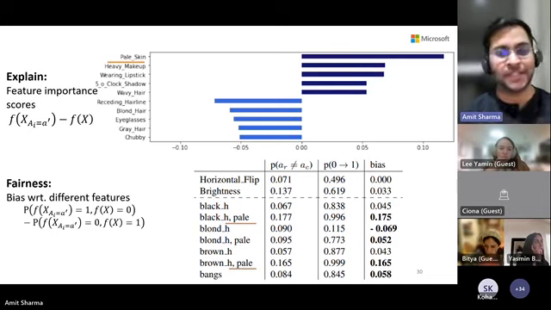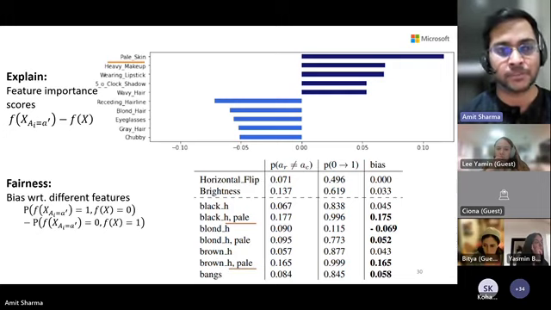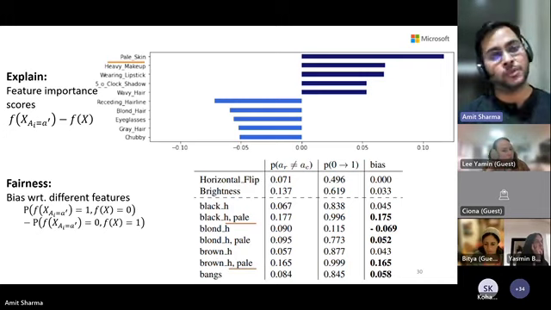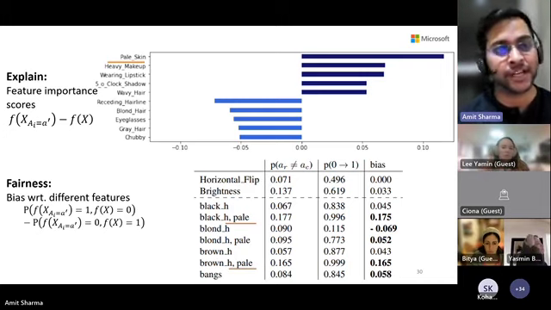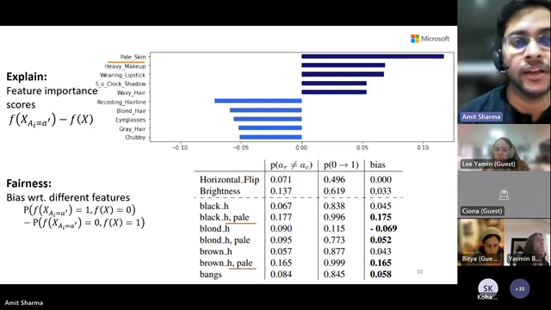This is just how this dataset was, right? So we tried to check whether that can come out also from our counterfactual explanation method. We just compared the counterfactual outputs. So we did f(x) with a particular feature and compared it with f(x'). As you can see, one of the most important features that came up was pale skin.